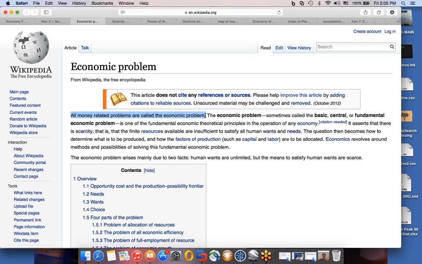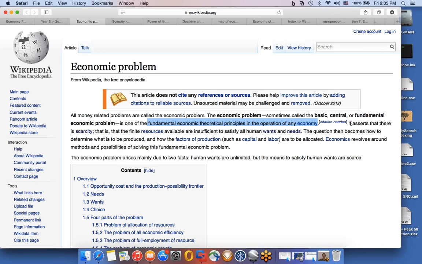That is a very general thing. The economic problem, sometimes called the basic, central, or fundamental economic problem, is one of the fundamental economic theoretical principles in the operation of any economy.